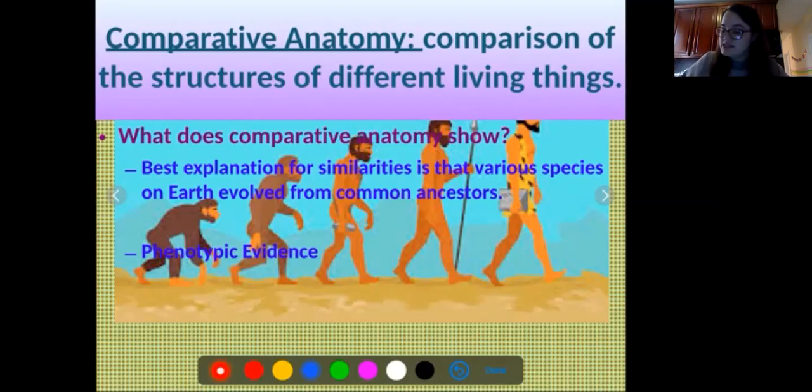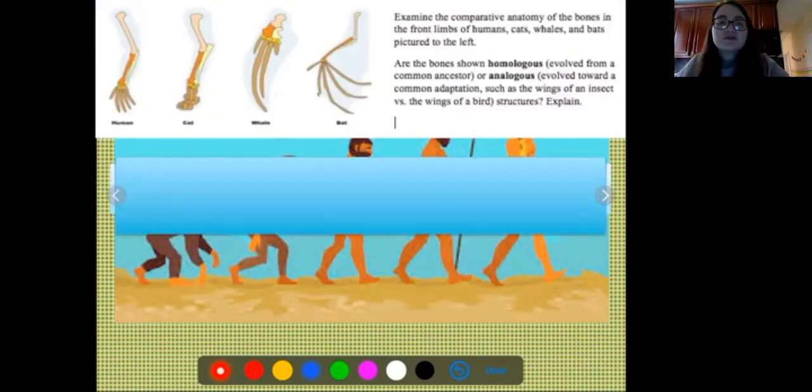All right. So you have this picture on your paper, but this is an example of what comparative anatomy is looking at. So here we have 4 different organisms. We've got a human arm, we've got a cat arm, we have a whale fin, and we have a bat wing.